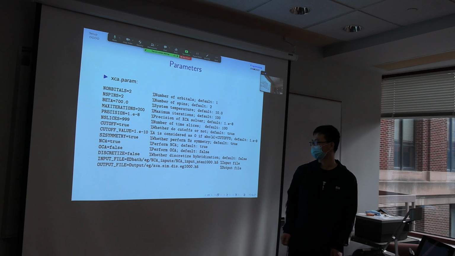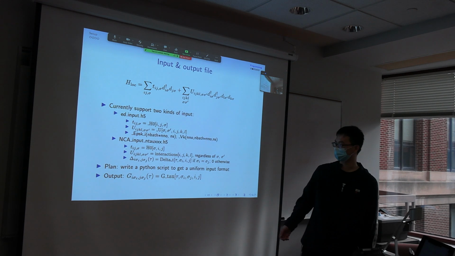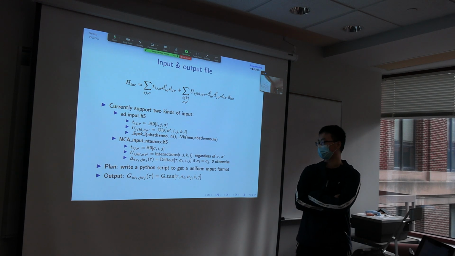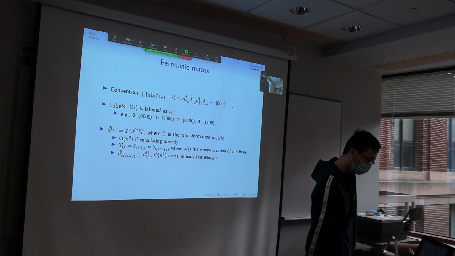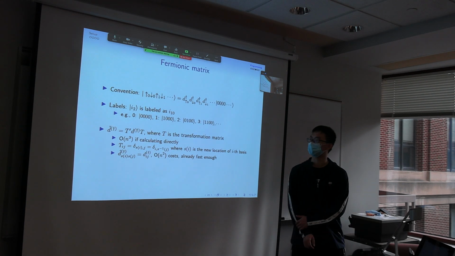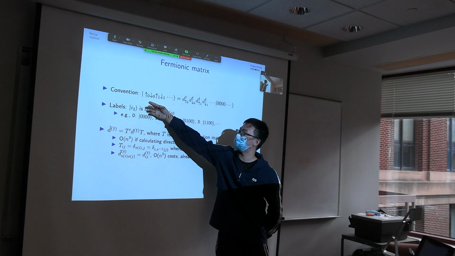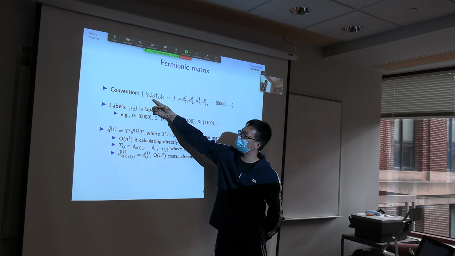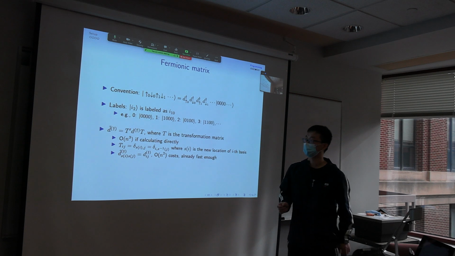Yeah, maybe I will write a Python script, if we find the best fit, maybe I will do that before input to the solver class. And here's the notation I use. The first entry of the state is the up-spin state in the zeroth orbital, then the down-spin state in the zeroth orbital, and then the up-spin state in the first orbital, etc. This is the notation I use in my code.